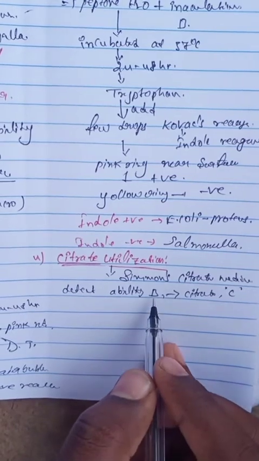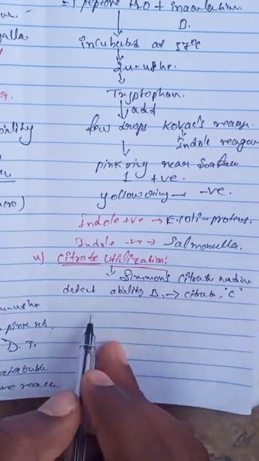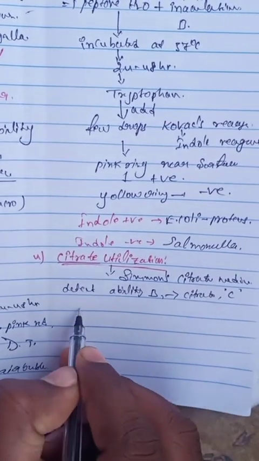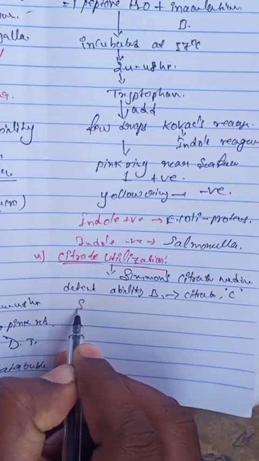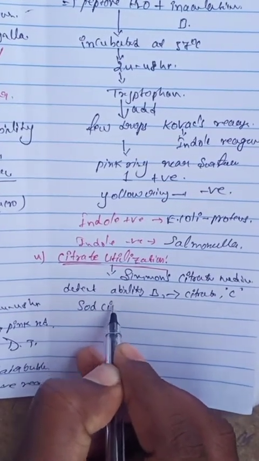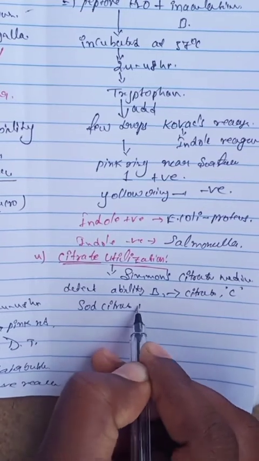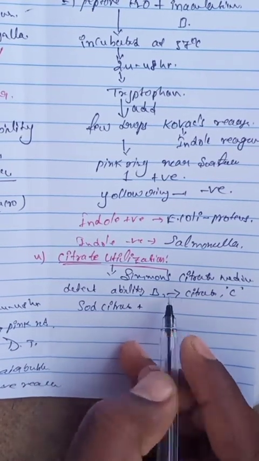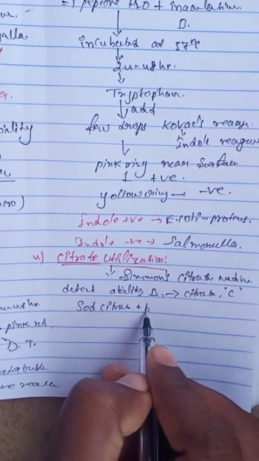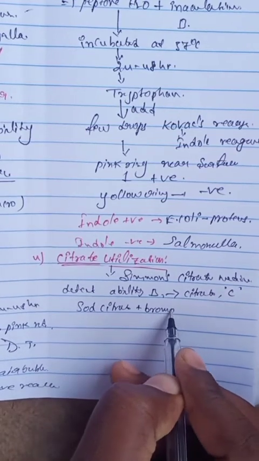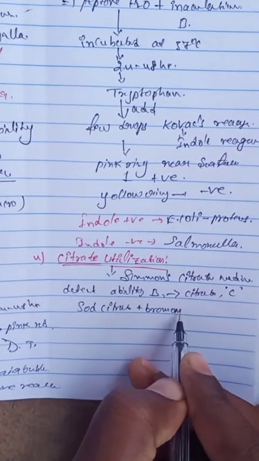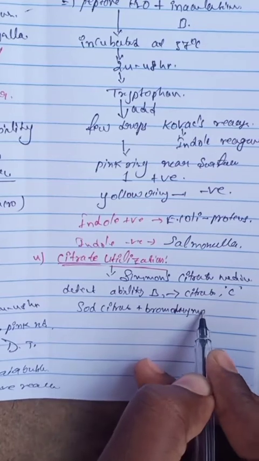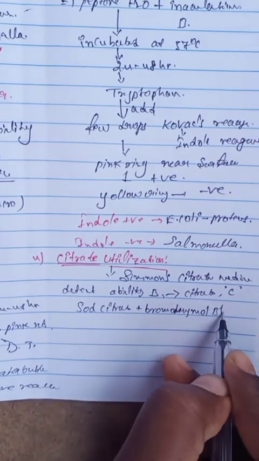The Simmons citrate medium contains sodium citrate plus bromothymol blue, which is a color indicator.